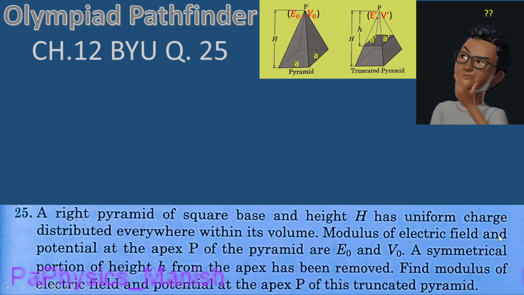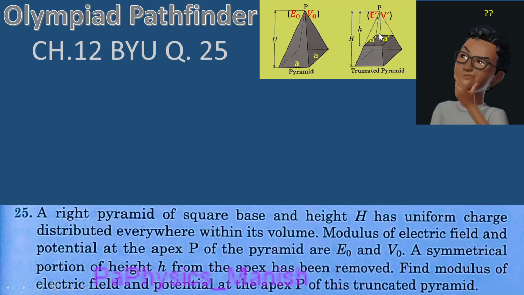Modulus of electric field and potential at the apex P of the pyramid are E0 and V0. Because of this charge distribution in this right pyramid, the potential and electric field intensity at P is V0 and E0 respectively. A symmetrical portion of height small h from the apex has been removed.